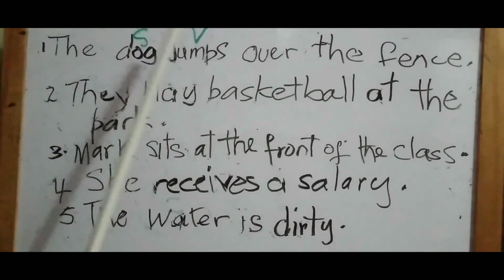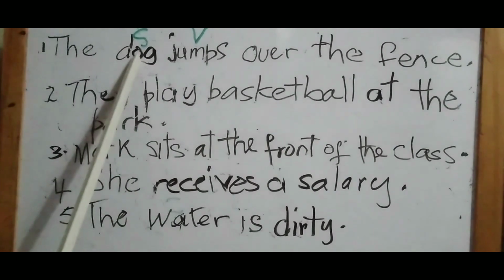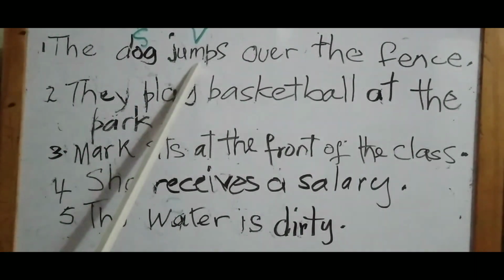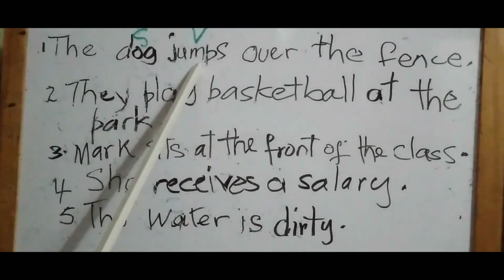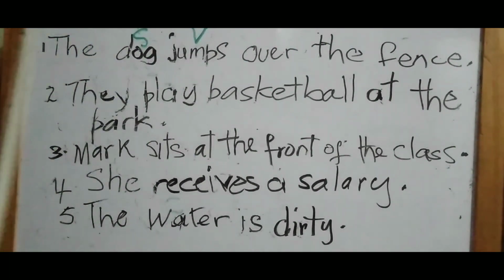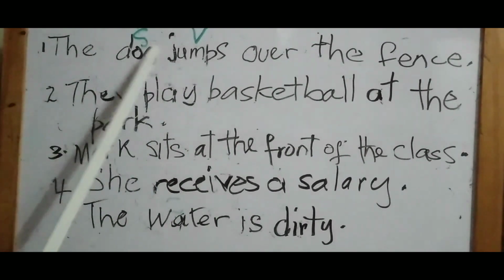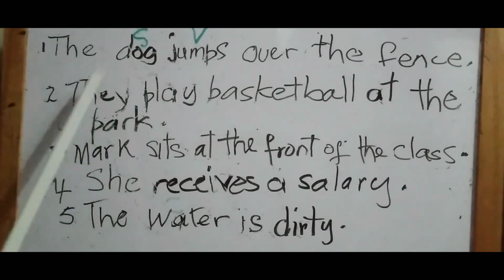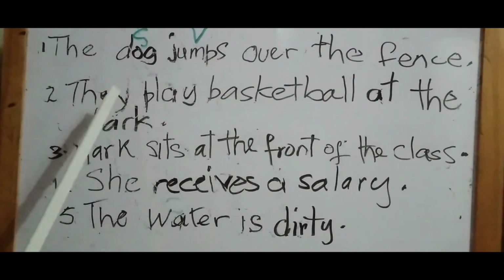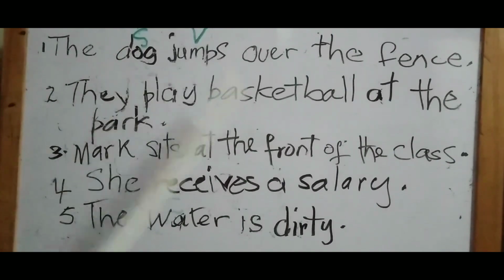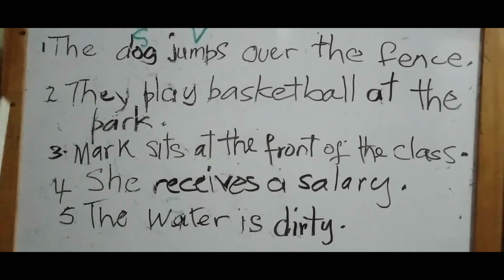Now, if you notice, the singular dog doesn't have an S, but the singular jumps has an S. Jumps is singular. So it is an opposite kind of relationship between nouns and verbs. So if you add an S to dog, then that will be dogs, which will be plural. But in the case of a verb, you'll have to drop off that S for it to be plural. All right, so I hope you understand that kind of relationship.